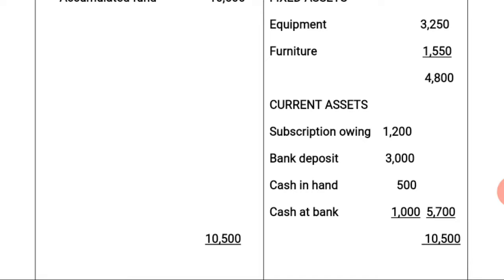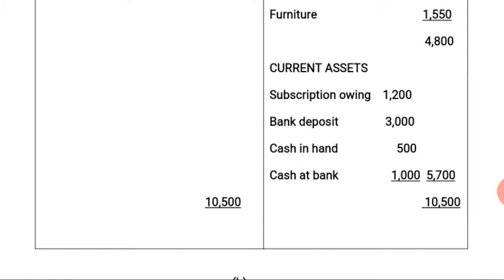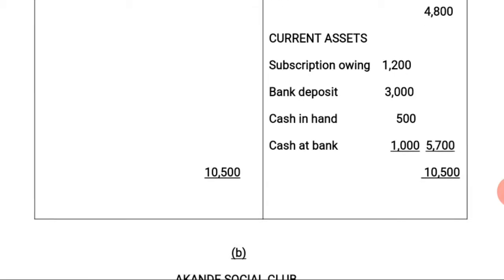Subscription owing as at 2013 stood at 1,200 naira. So that's the first current asset that we have. The subscription owing as at the end of the last year, which is supposed to be paid as at last year, becomes part of the current asset as at the beginning of the year. So we have it as 1,200.